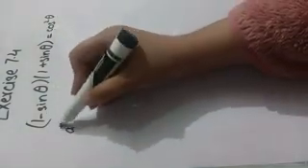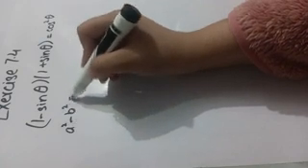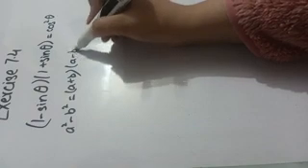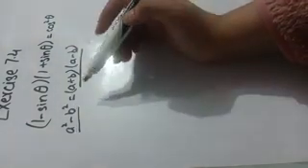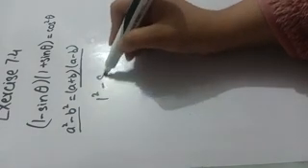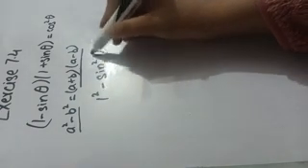The formula is a square minus b square is equal to a plus b times a minus b. So this is in the form of a plus b and a minus b, and we can convert it into that. By converting it, we will get 1 square minus sine square theta.